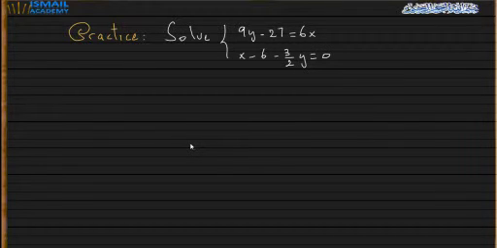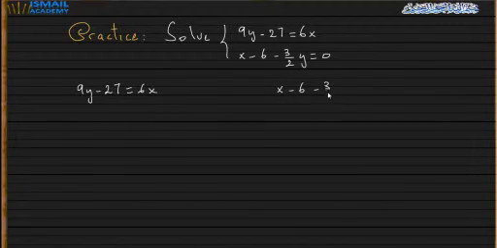Like I said, first we need to write both equations in slope-intercept form. The first equation is 9y minus 27 equals 6x, and the second equation is x minus 3/2 y equals 0. I'm going to solve for y in both equations. I add 27 to both sides.